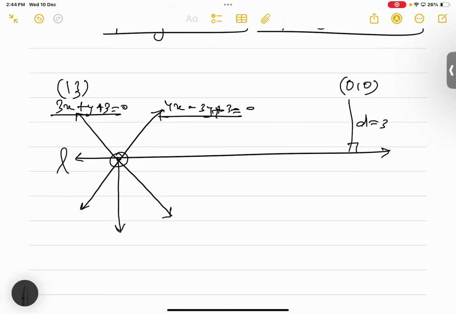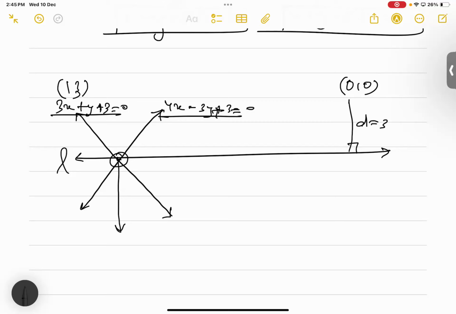Tell me the point of intersection. 3x plus y plus 3 is equal to 0 and 4x minus 3y.